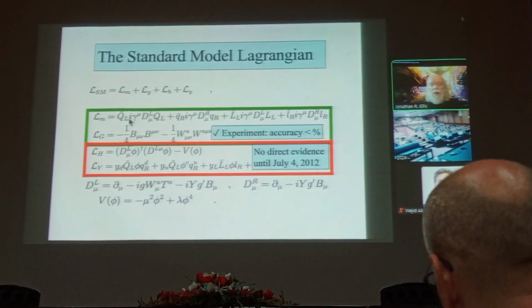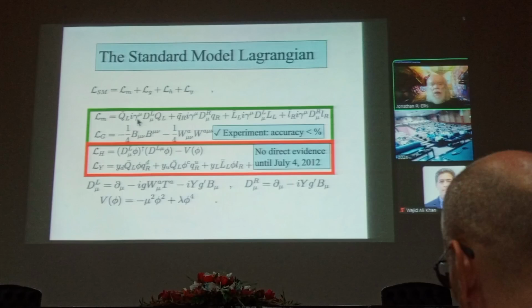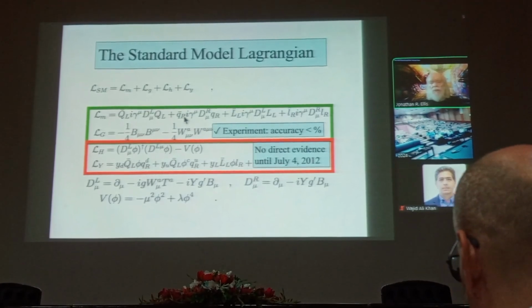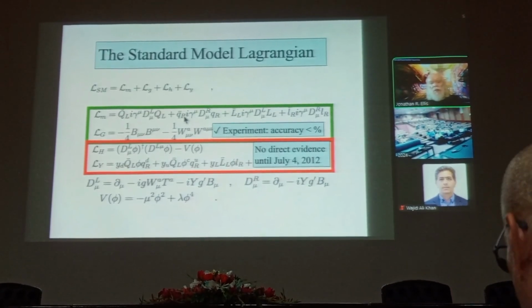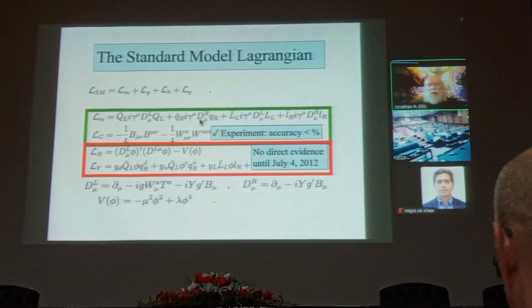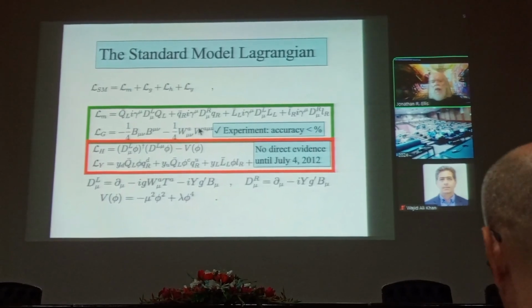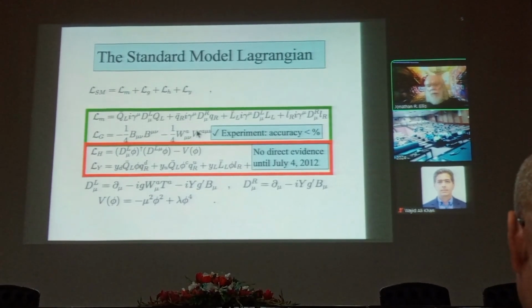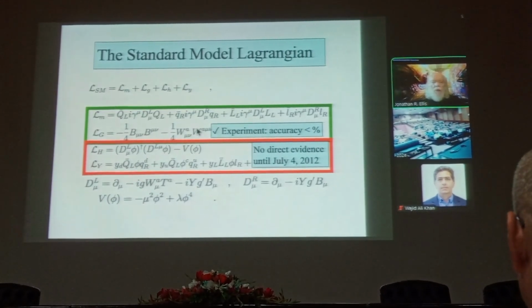Here we've separated the quarks and leptons out into the left-handed and right-handed components, and they interact with vector bosons through covariant derivatives denoted here by capital D. And this is the part of the theory that has been verified to better than percent accuracy before the LHC.